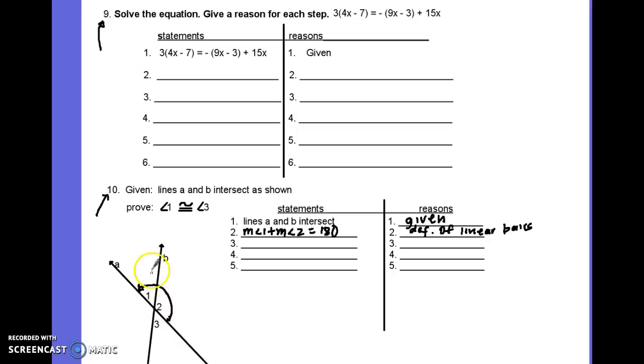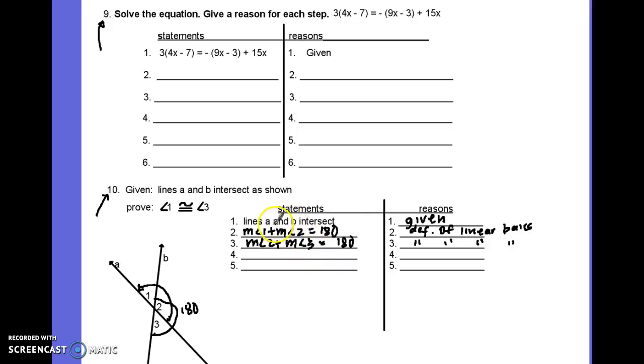In addition, if you look at this line B, you'll see a similar thing. Angle 2 and angle 3 add up to 180. So we have measure of angle 2 plus measure of angle 3 equals 180. It's for the same reason, definition of linear pair or supplementary.